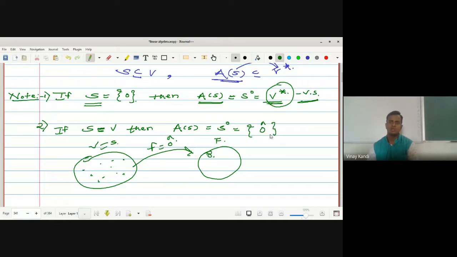But that 0 is not an element, it is the functional, the zero functional. Any doubt up to here?